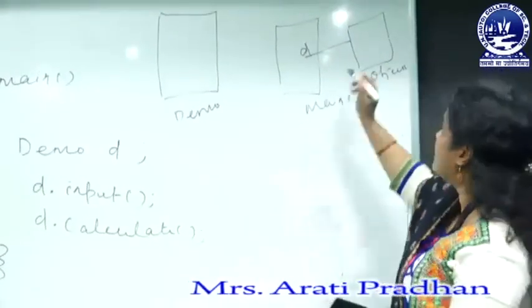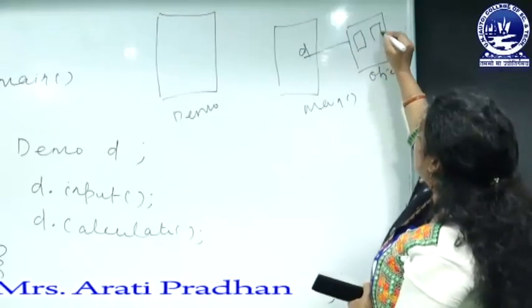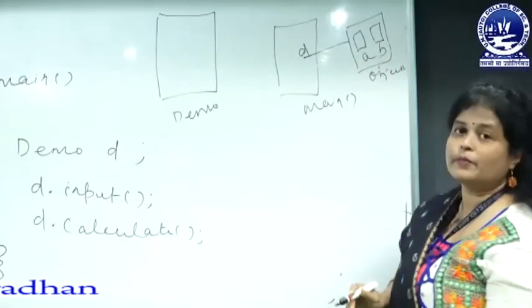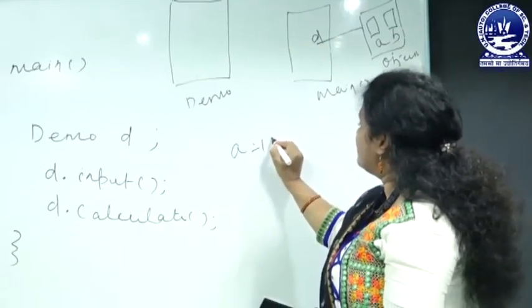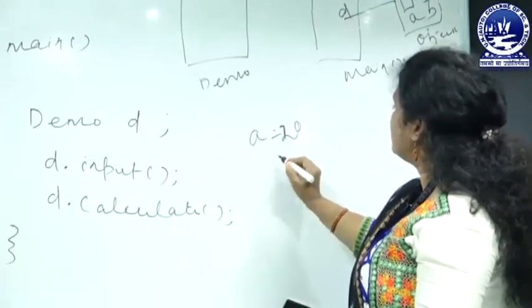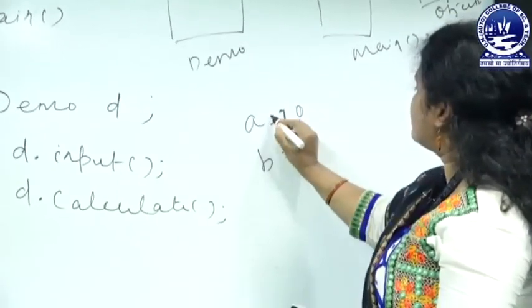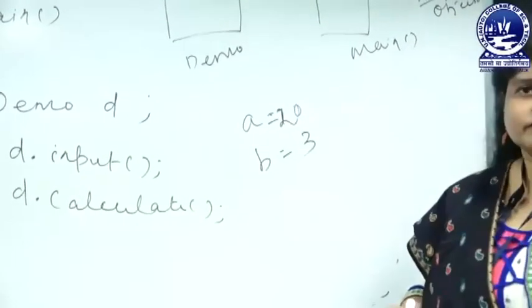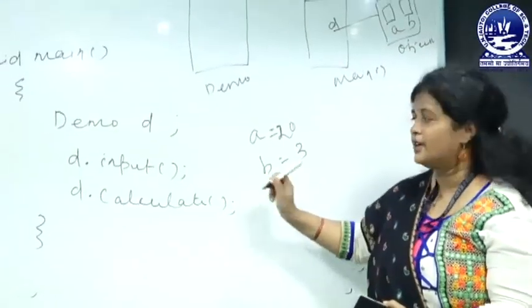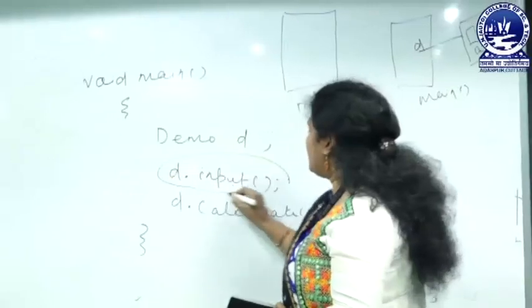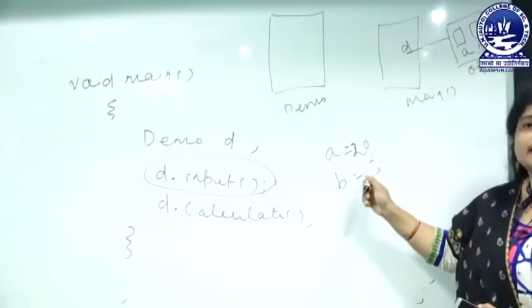It means that d contains one int a and b. Let a value be 20 and b equal to 3, and inside the input method we have inputted 20 and 3.